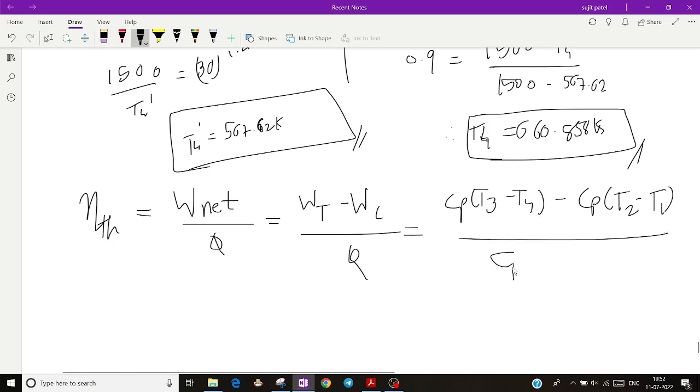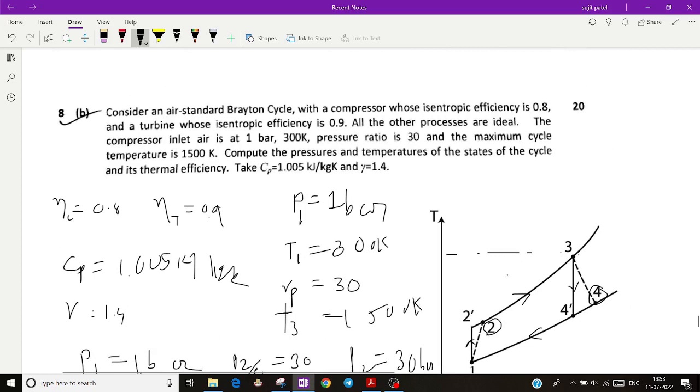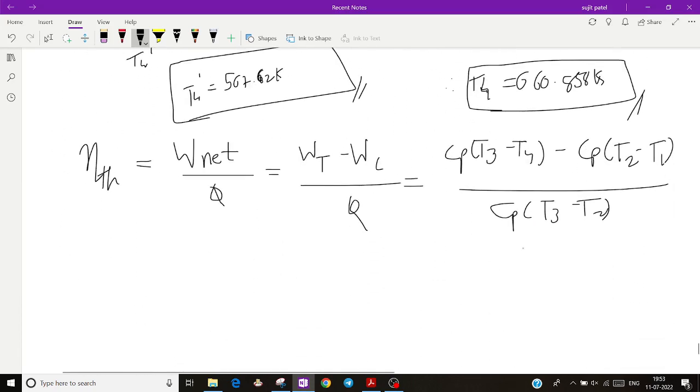Heat supply is the constant pressure heat addition, process 2 to 3, that means Cp T3 minus T2. So Cp will get cancelled out.